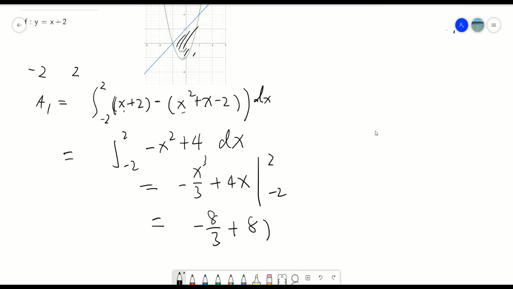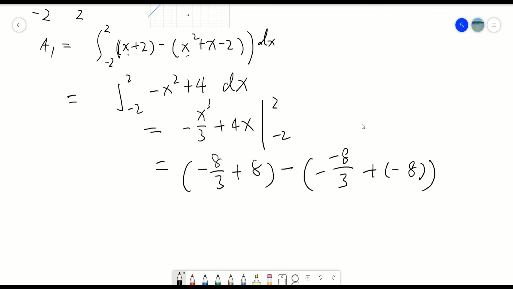This is one part, then minus the other part, right? So negative 2: negative 8 over 3, am I right? And then plus negative 8. Actually, this will be positive and negative.